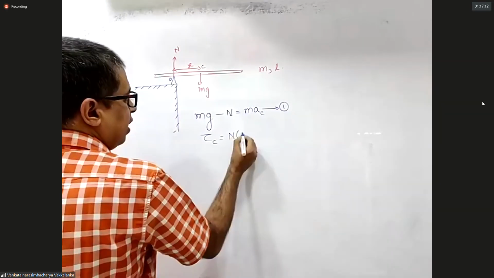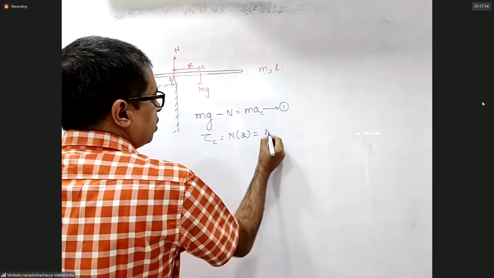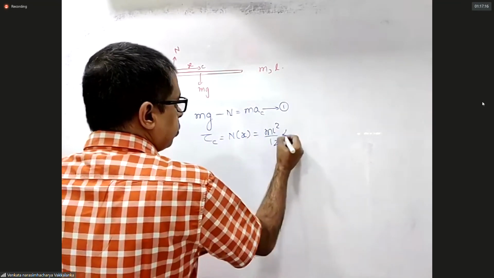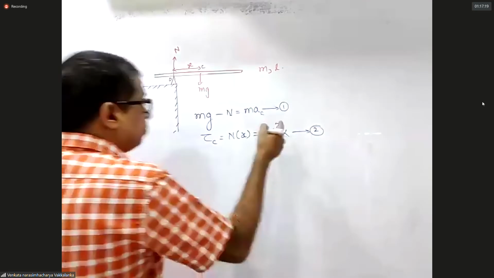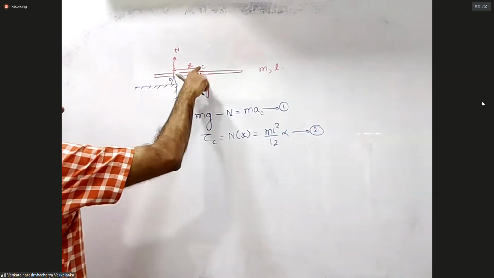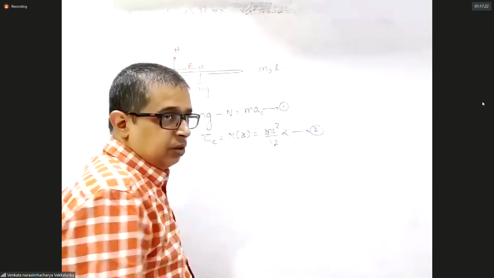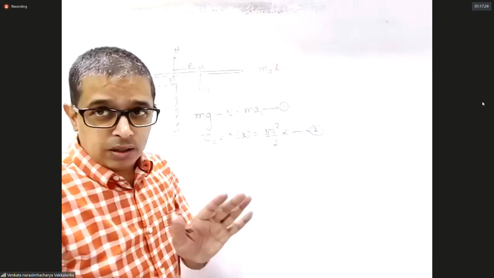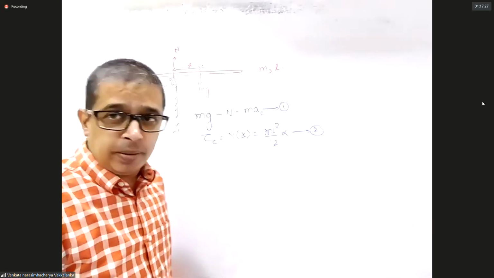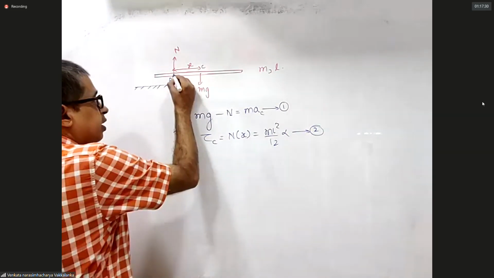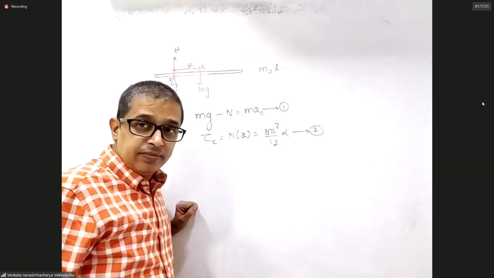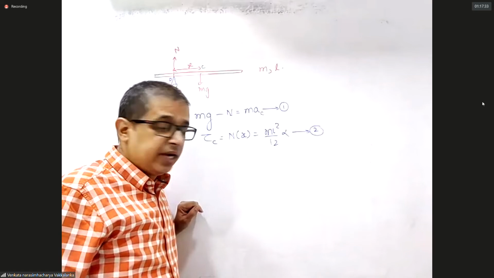It will be n into x is ml square by 12 into alpha. Now people who took the torque about O, you will get mg into x is I into alpha. Nothing wrong. Comfortably you can go ahead with that. Point O is not accelerating. So it's a non-accelerating point.